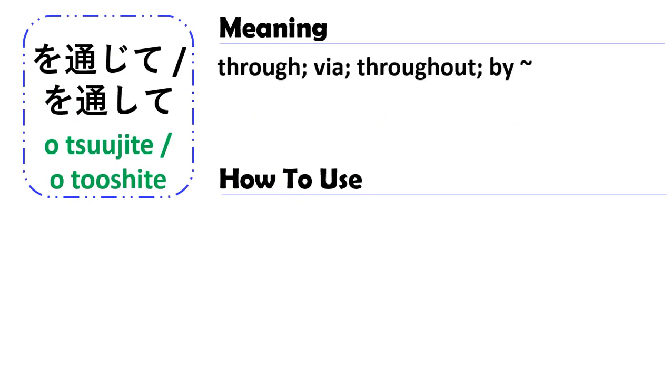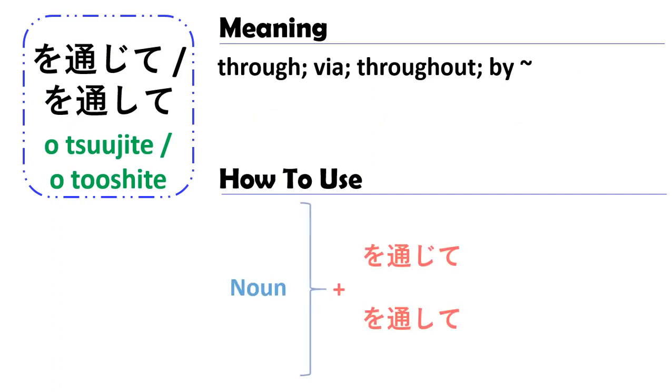The meaning of this grammar is something like through, throughout, or by means of. So in Japanese, when you use the grammar of tsuujite or toshite, you can use it with a noun only. That means you should begin with your noun, and after that you can follow with o tsuujite or o toshite.